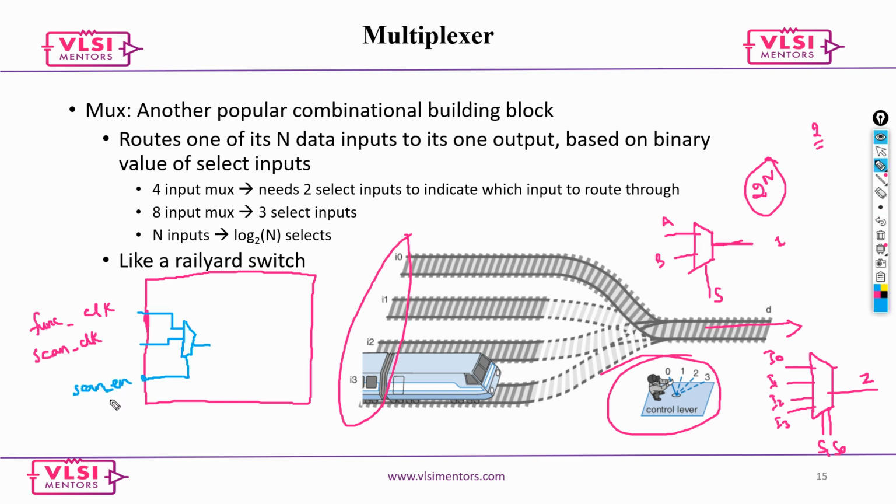Now this particular output is going to go to all the registers. This kind of muxing is what people call clock muxes.